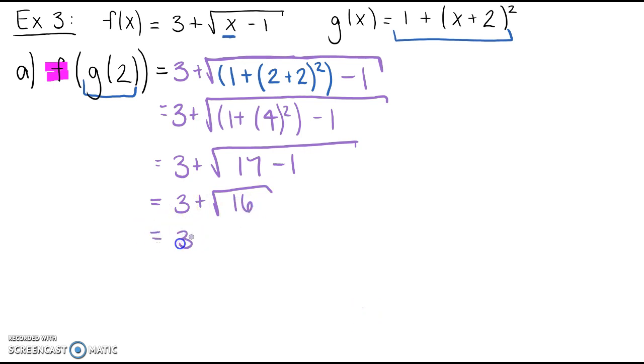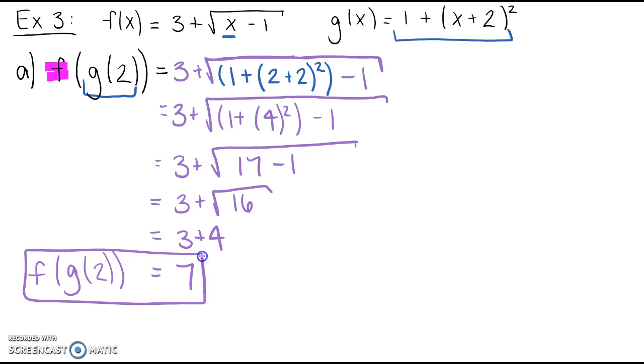Square root of 16 is 4, and 3 plus 4 is 7. So f of g of 2 equals 7. And that's my final answer.